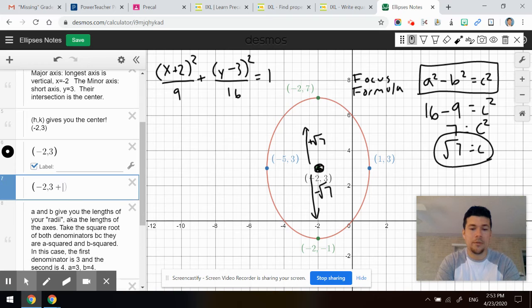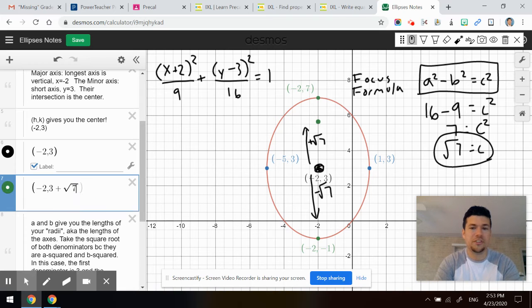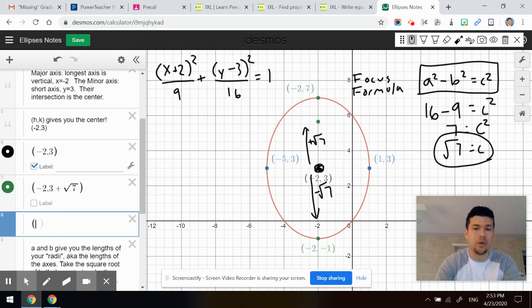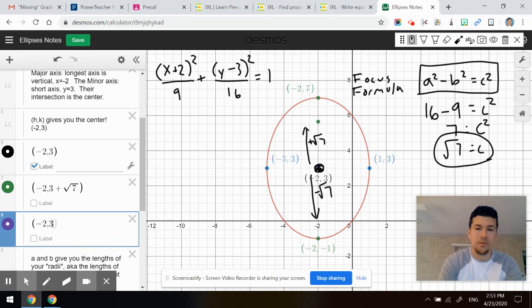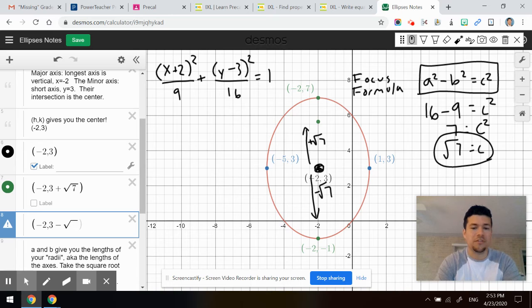My 3, though, I'm going to add the square root of 7 to it. All right, so I am actually just going to leave it like that, 3 plus root 7. If you want to change that to a decimal, that is up to you. All right, and then I'm going to enter another coordinate, which is going to be -2, 3, which is my y coordinate. But now I subtract the square root of 7.